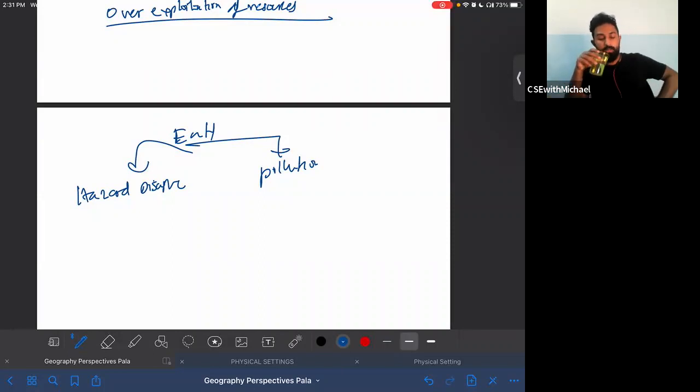Because both generate different points of view.